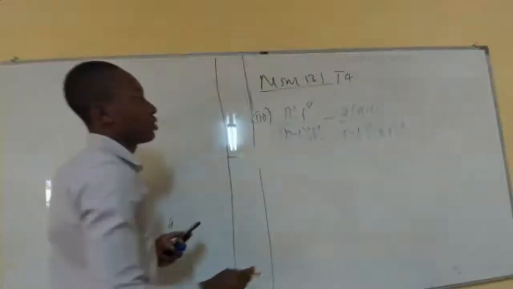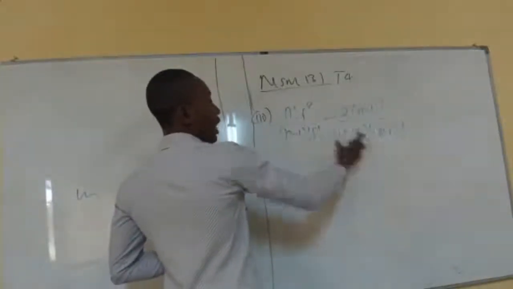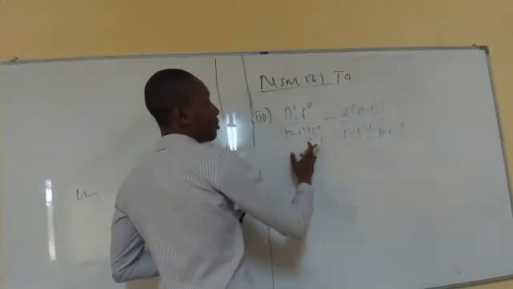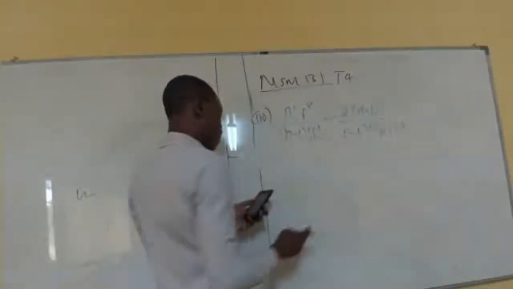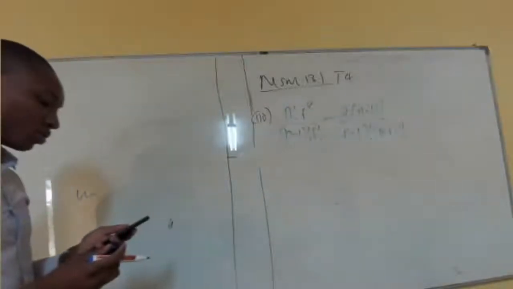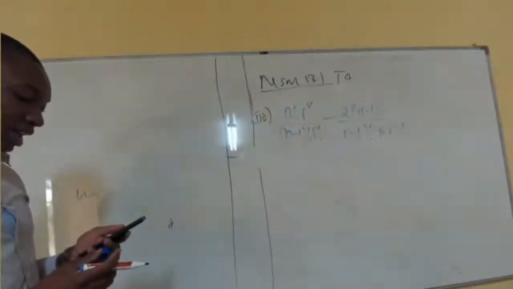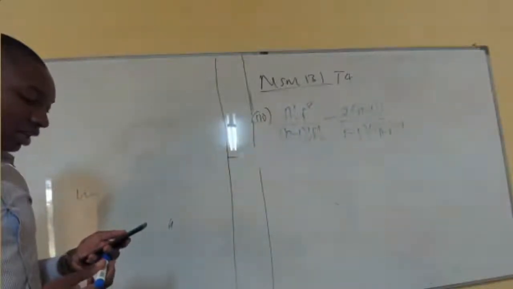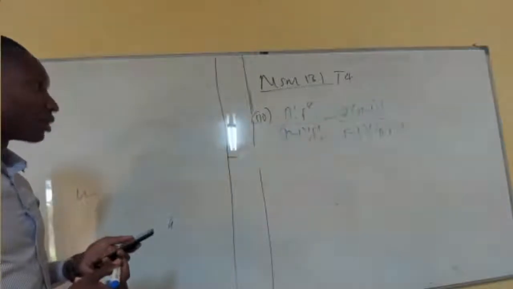Then you also have r minus 1 factorial from here and r factorial from here, so you can write r factorial in terms of r minus 1 factorial. So we can write it in that form so that we can easily factor out what is common.